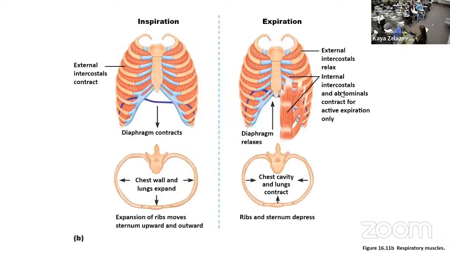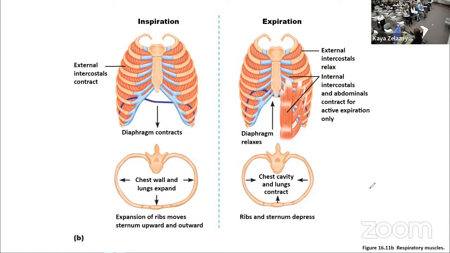So that's how we're changing the volume of our thoracic cavity in order to change the pressure in the lung. Here we see a different view of what's going on. We've taken a cross section, like cut through like that, and we're showing what's happening if you go through a rib and look up or down.